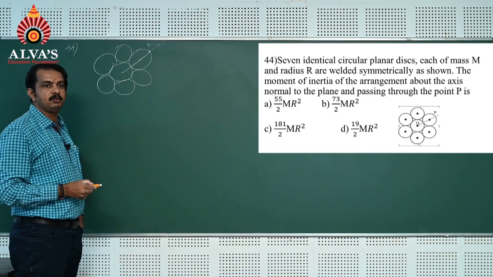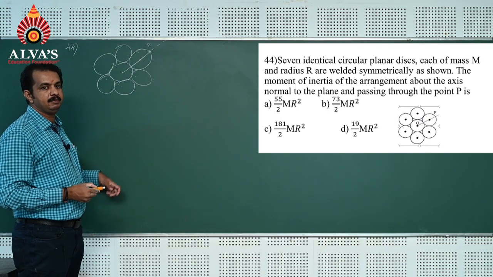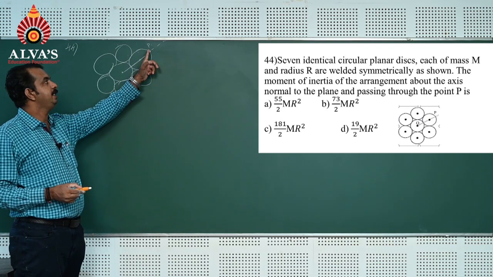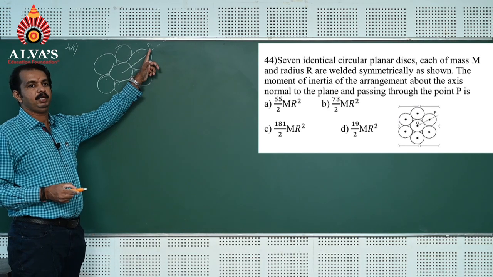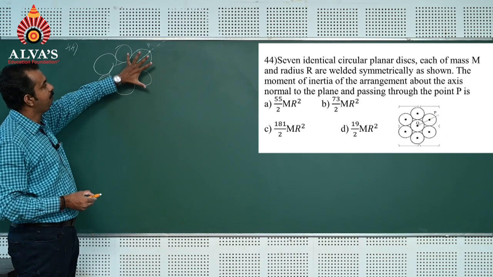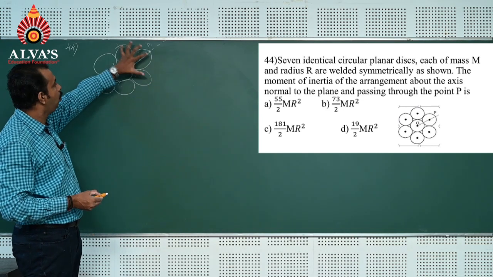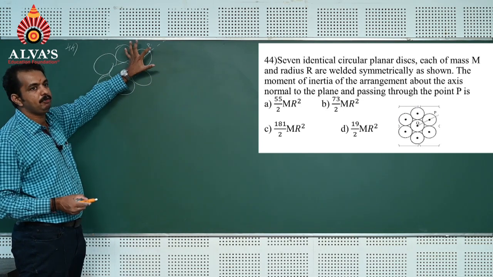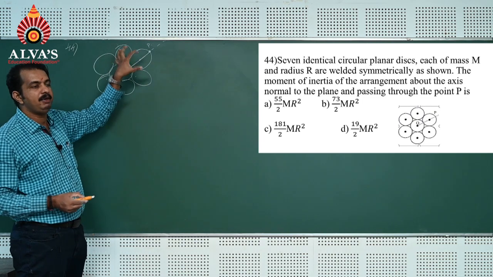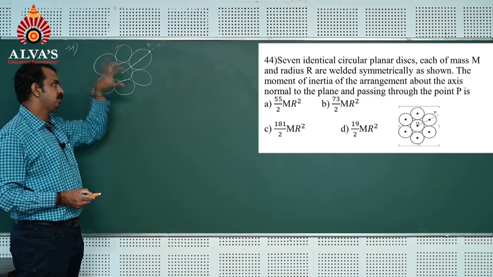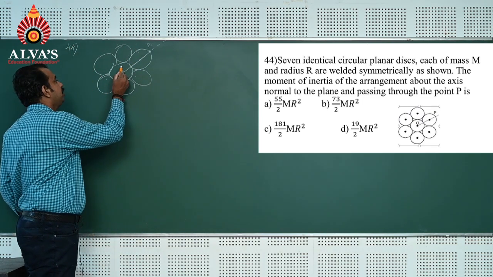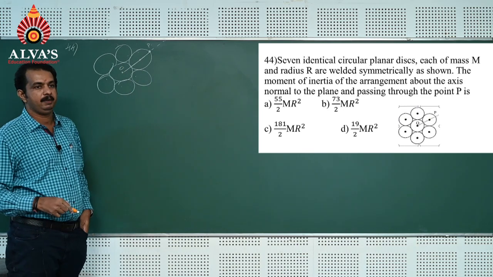Now, to find the moment of inertia about the point P, we should know the moment of inertia of the whole system, meaning the moment of inertia of all 7 identical circular discs about point O must be found.